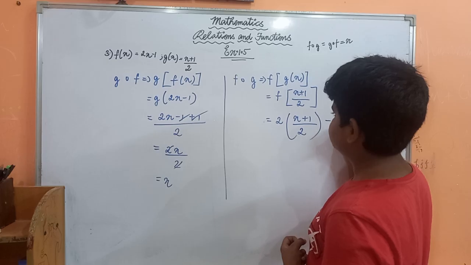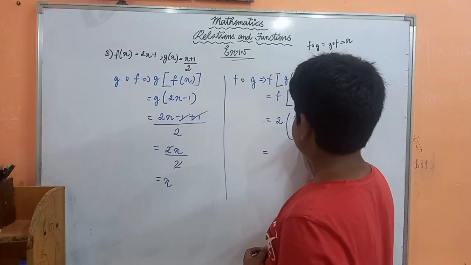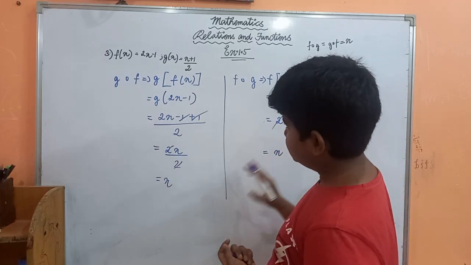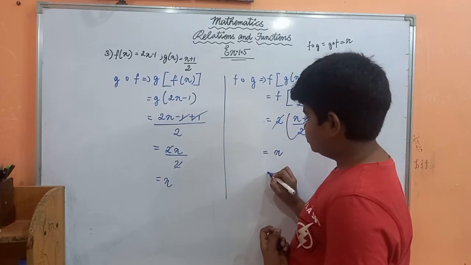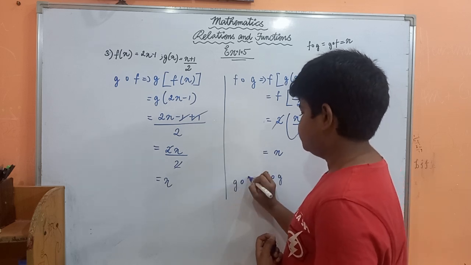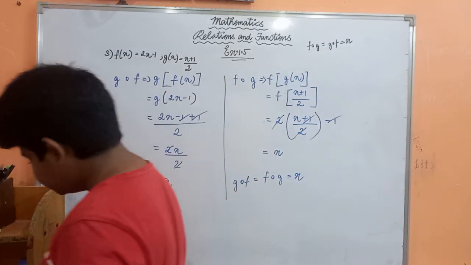So these two will cancel out and this one will cancel out. So we get x. So f dot g dot f is equal to x. Hence proved.